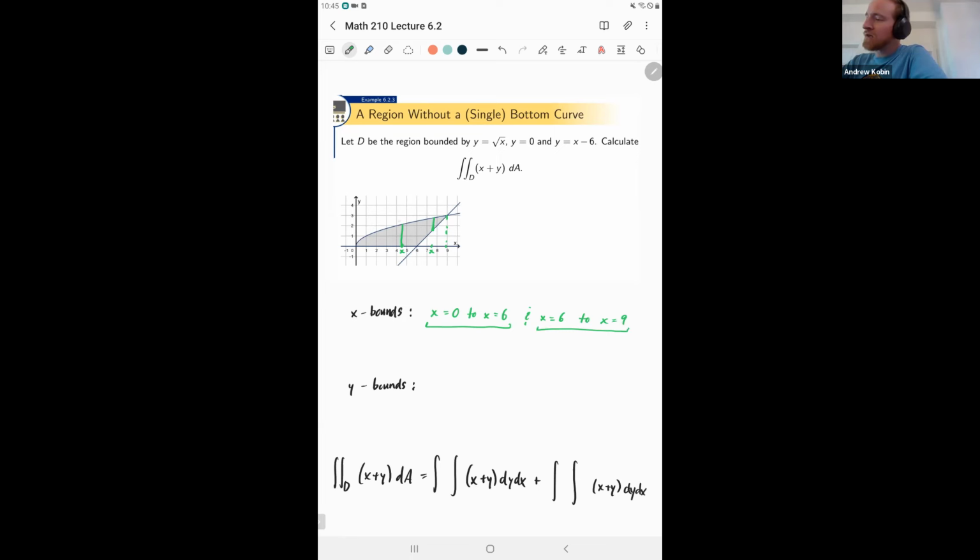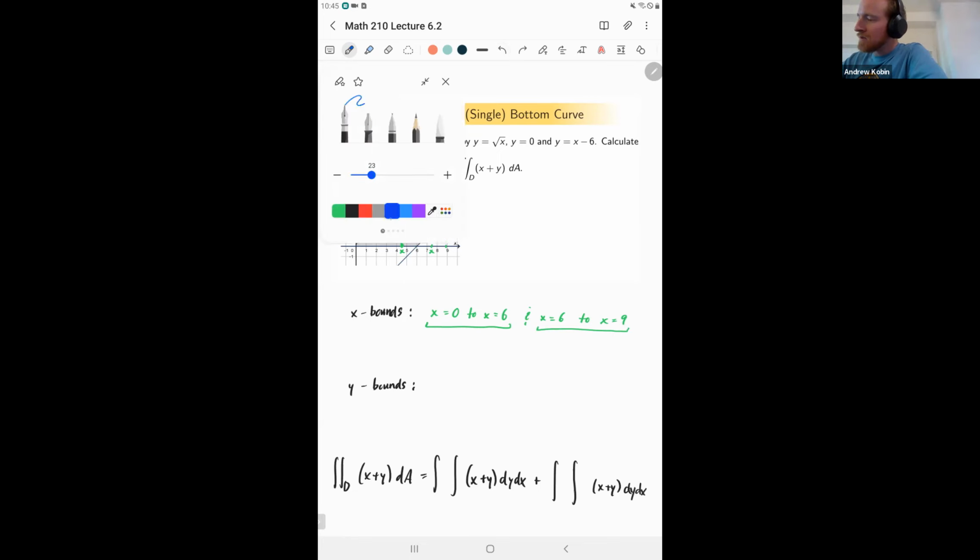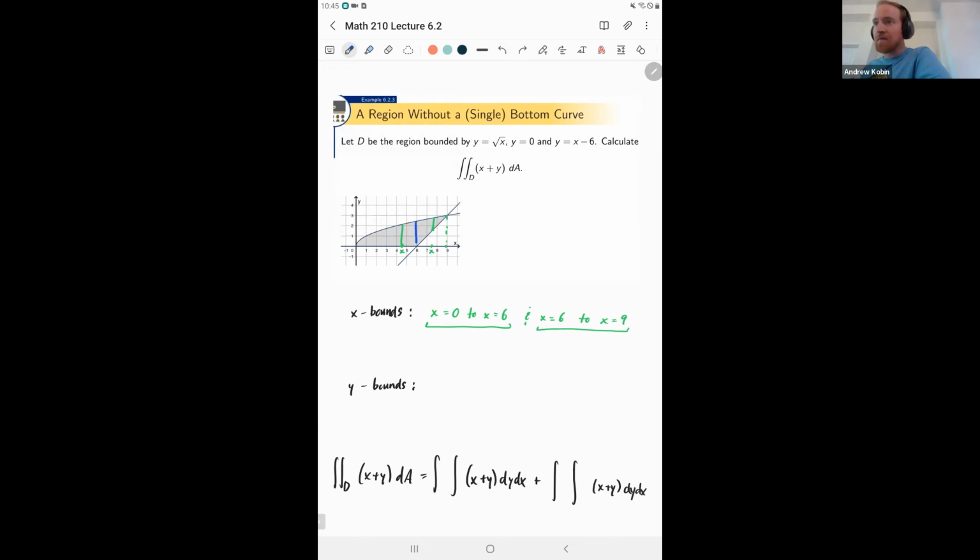The basic story is, if I can see a place where the nature of this region changes, and more specifically where the top and bottom functions change at a certain place in the range of x values, then I need to split up my double integral into two pieces according to where it changes.